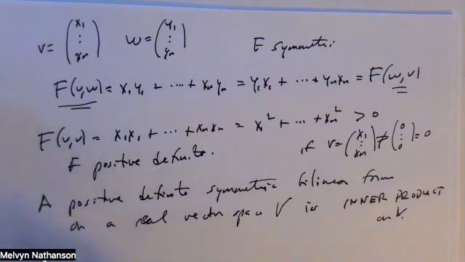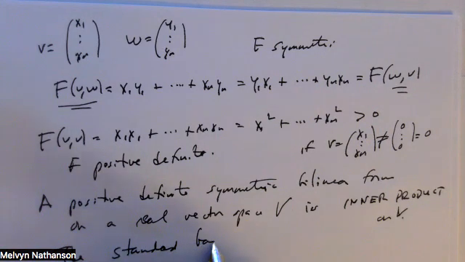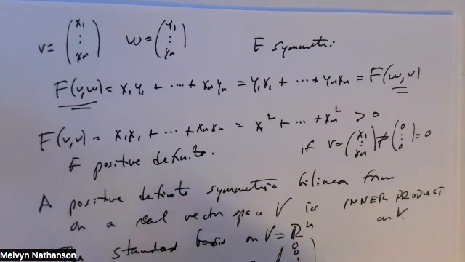Recall the standard basis on the vector space V equal to Rn is the set of n vectors E1 up to E sub n, where E sub j is the vector where all the coordinates are 0 except 1, and the 1 is the jth coordinate.